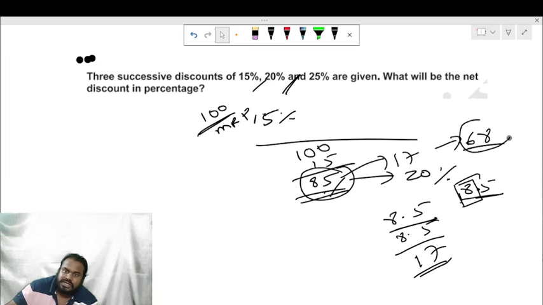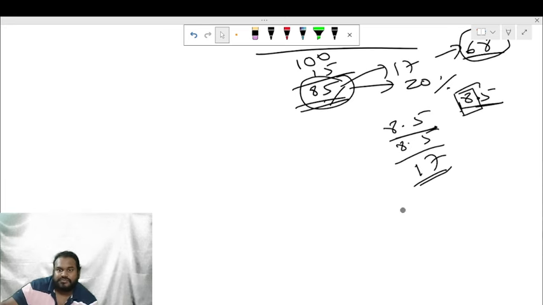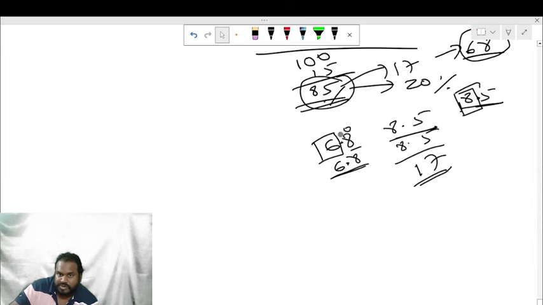Now on 68, again he got a 25% discount. So on 68, what is 10%? It means 6.8 is 10%, because just exclude one digit and put a point. Suppose if it is 60, then 6 is 10%. Here 6.8 is 10%, and again 6.8 is 10%, but he has to get 25%.